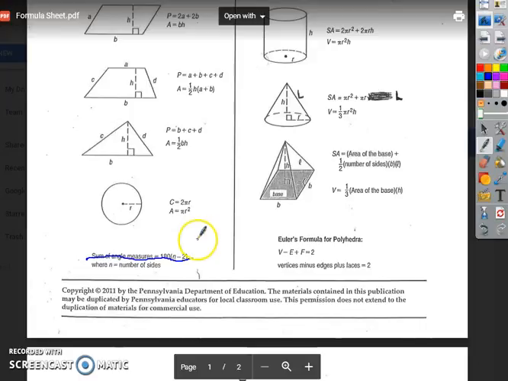Also, please write A equals S over n, and explain A is the measure of one angle in a regular polygon. Everybody go ahead and copy that on your formula sheet, because you will need this for the quiz, right? And you can use your formula sheet for the quiz. All right, everybody have that? Good. Moving on.